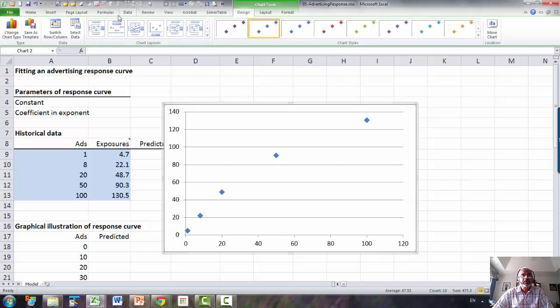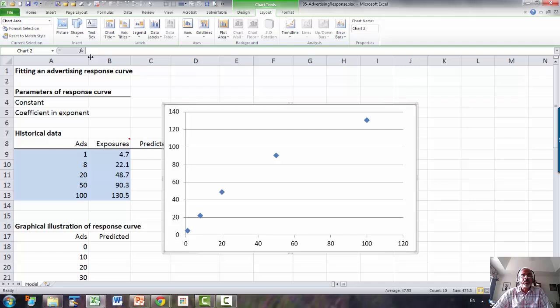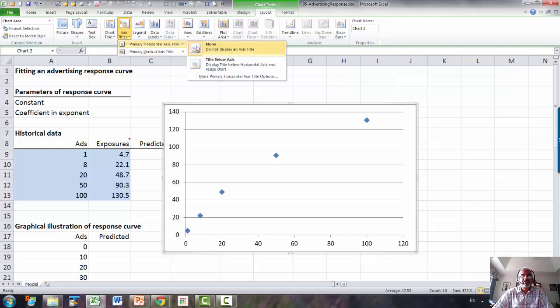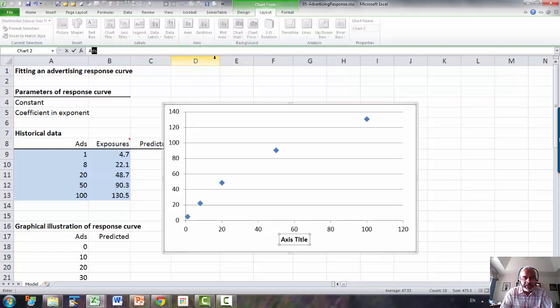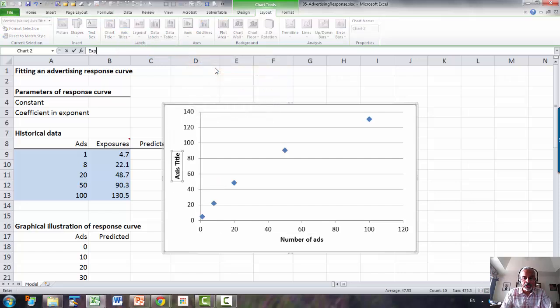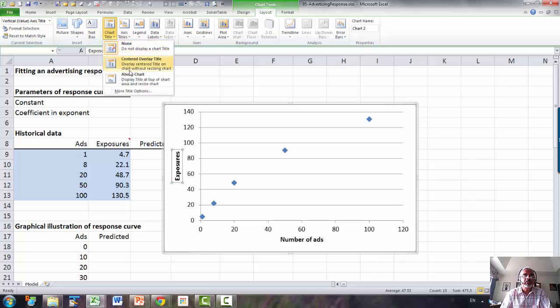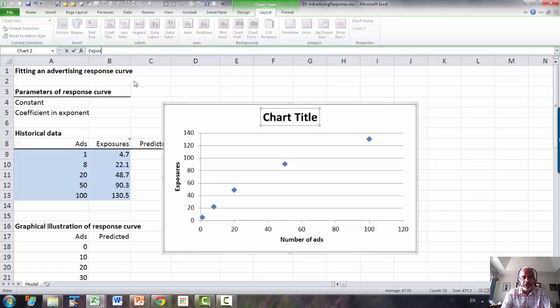Here the x-axis is the number of ads, the y-axis is exposures, and the chart title is exposures versus number of ads.